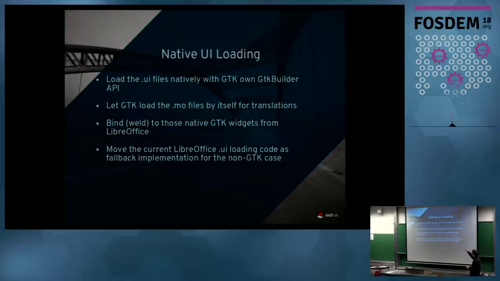And because GTK handles the gettext file format, let GTK load those .mo files, and then come up with a compatibility layer where we would bind to those native GTK widgets rather than using our own VCL widgets, which are basically emulating those GTK widgets at runtime. And then we'd take our entire existing stack that currently works and just keep that as a fallback case for Windows and the other platforms. For the non-GTK case we keep the fallback, and for the GTK case, we'd use this alternative.